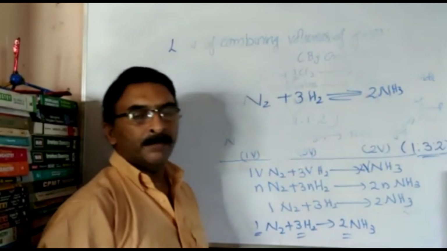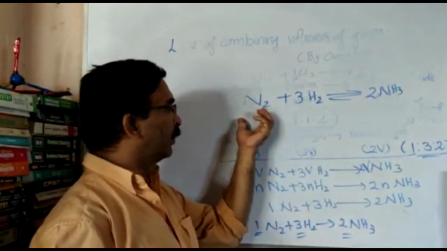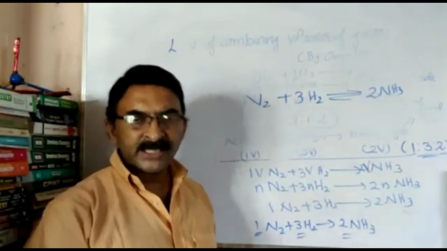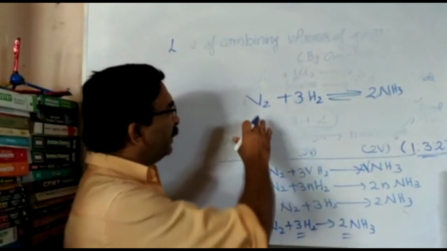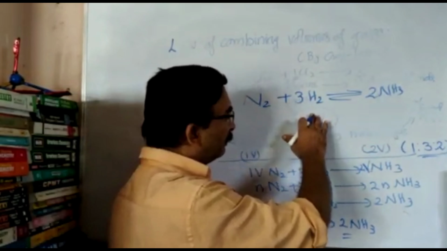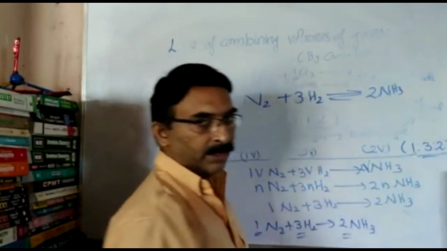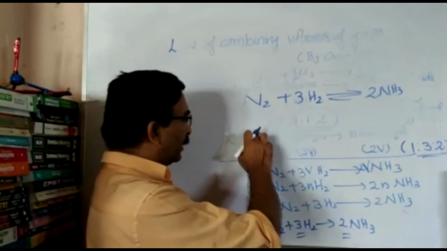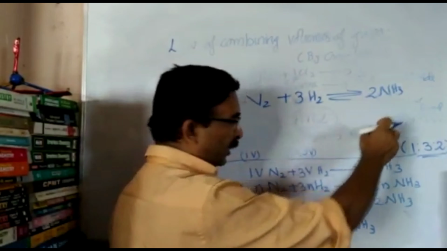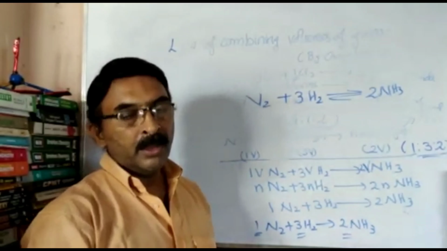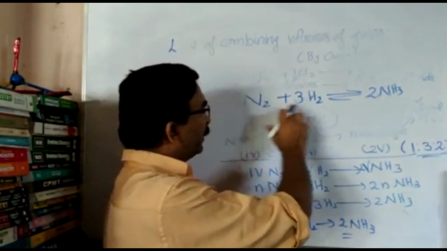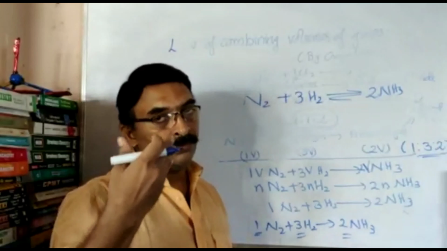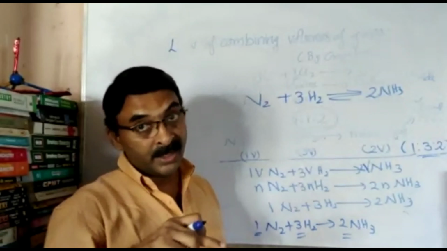Suppose you are making nitrogen and hydrogen react, forming ammonia. Suppose it reaches equilibrium. Then some nitrogen will be remaining, some hydrogen will be remaining, and some ammonia formed will be there. The law does not say anything about the ratio of nitrogen, hydrogen, and ammonia present at equilibrium, because the volume of nitrogen and hydrogen in that equilibrium is not that of the volumes reacted but remaining.